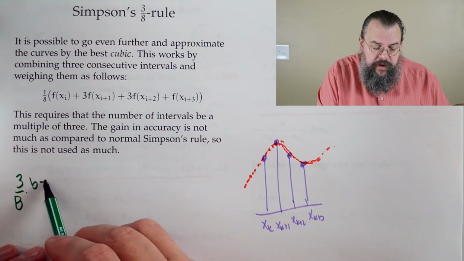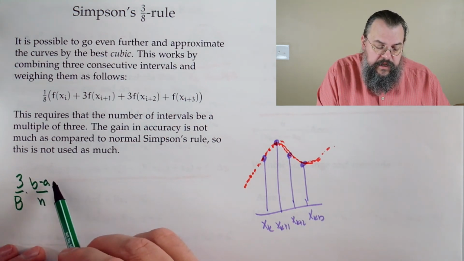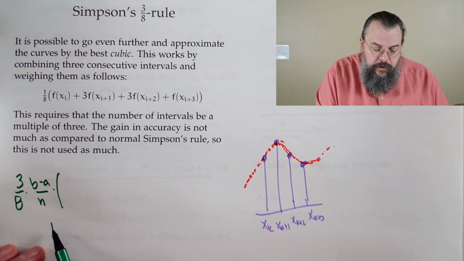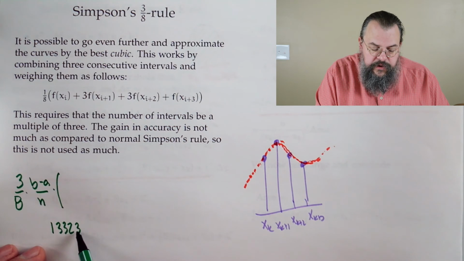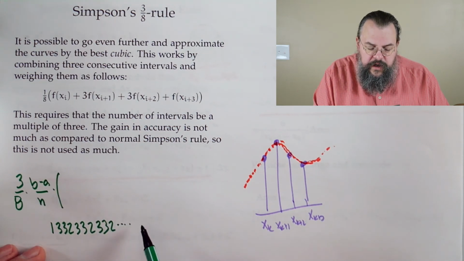So the formula has the 3/8, because for every 3 intervals I'm going to use 8 pieces of information. Then there's the b minus a over n, which is the width of every interval. And then you follow a pattern: 1, 3, 3, 2, 3, 3, 2, 3, 3, 2, and so forth, up until the end, where it ends with a 3, 3, 1.